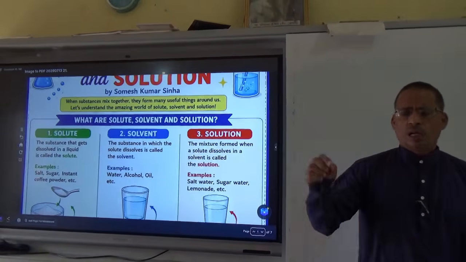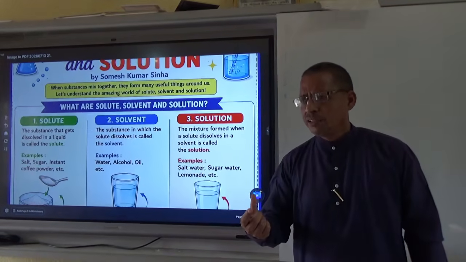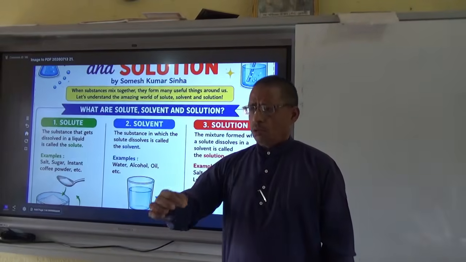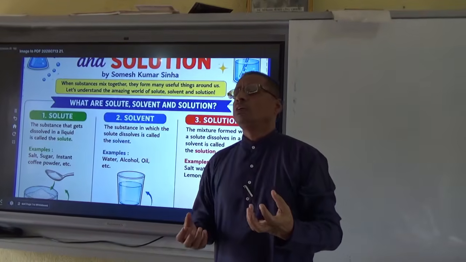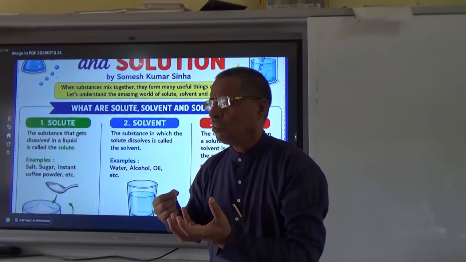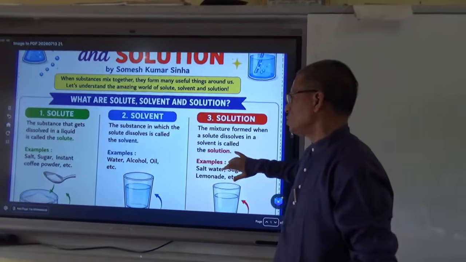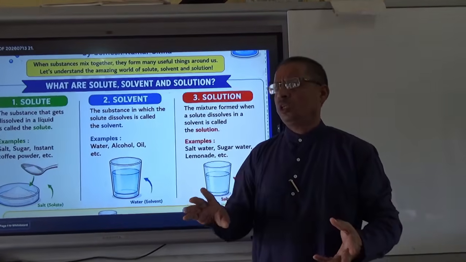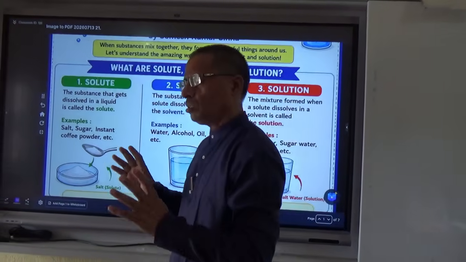Similarly, we take some salt and dissolve it in water, making a salt solution. So water is called solvent. And solution is a mixture form of solute and solvent.